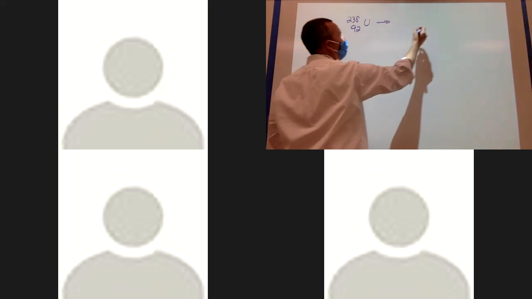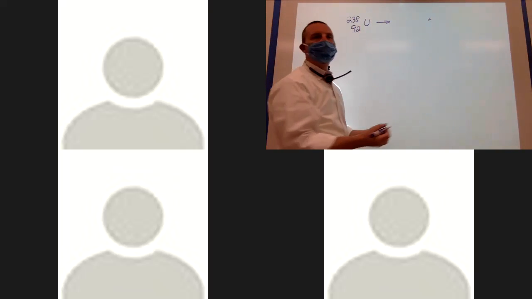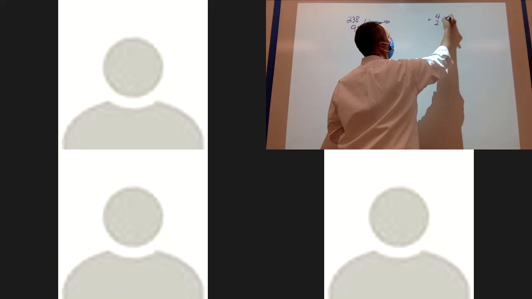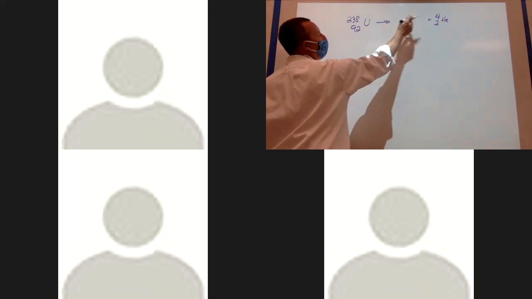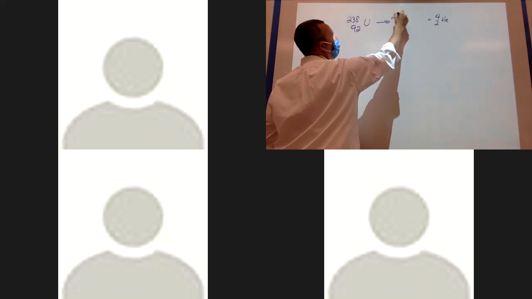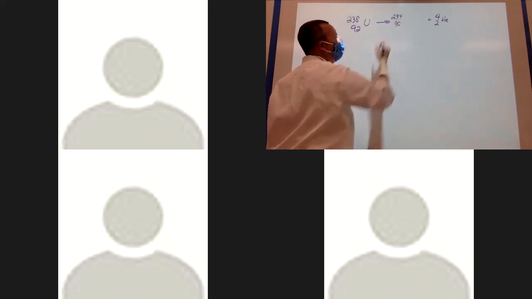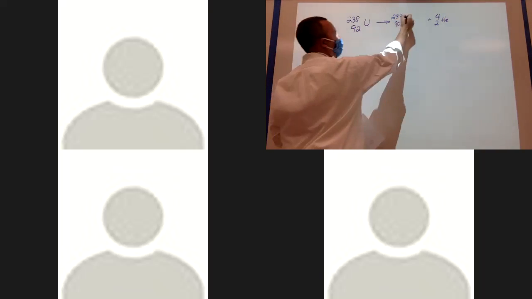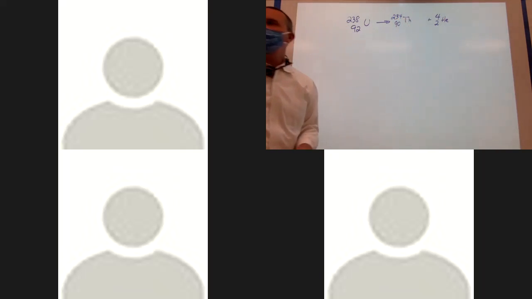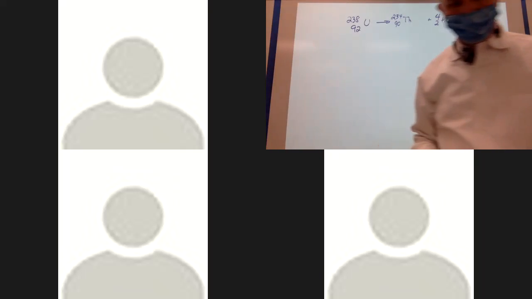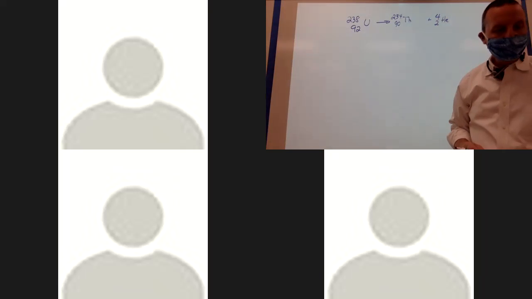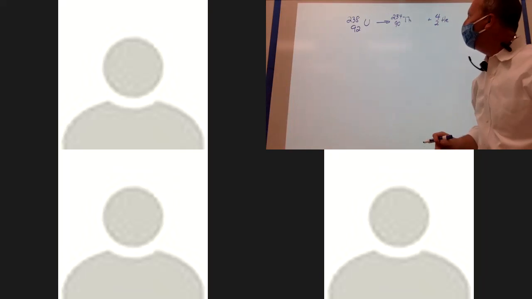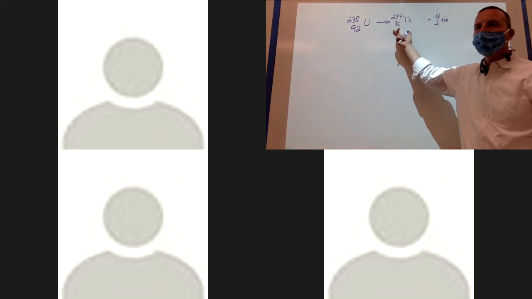Uranium emits an alpha particle, so that's a helium nucleus. Right, so that means this has to be 234 and this has to be 90, and I have it written down somewhere. Th, thorium, something like that, right? In this case, though, we are asked for the mass of that thorium atom or nucleus specifically, right?